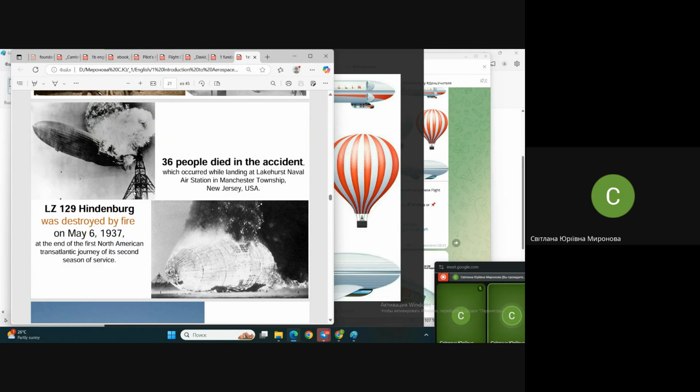But it's more probable that during the landing, this airship occasionally touched the so-called mast, something like you see now, something like a tower for anchoring this dirigible.